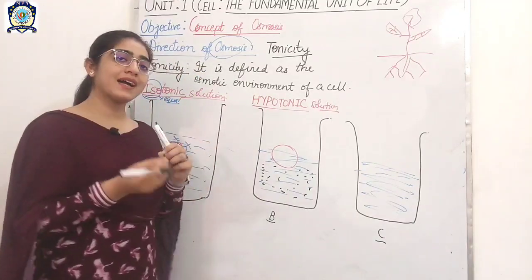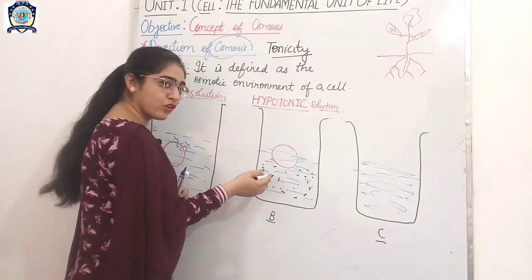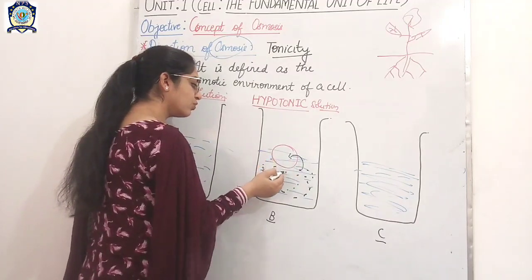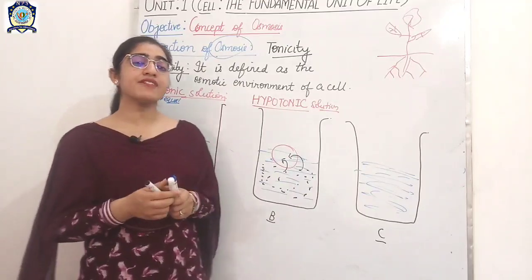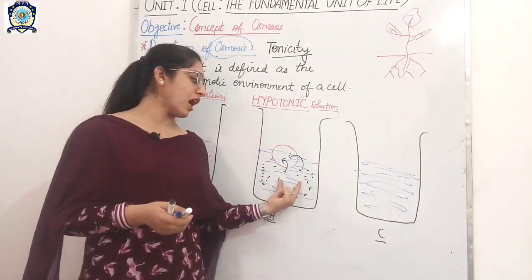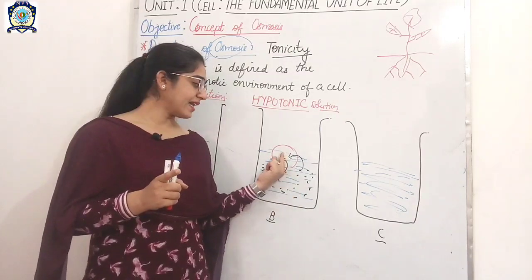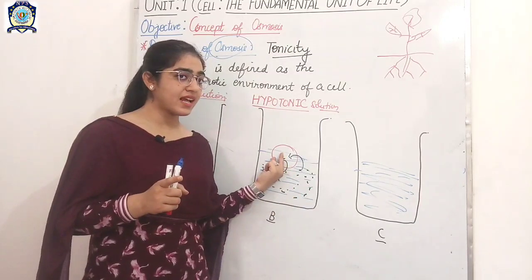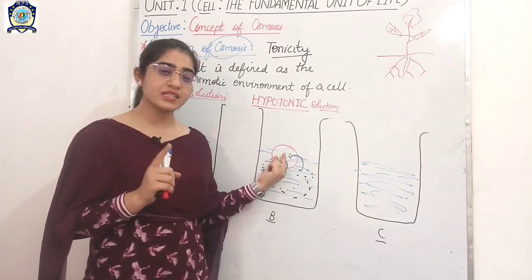Then we know by the process of osmosis, water will move from higher to lower. And if you define it in the form of dilute and concentrated, the outside medium is dilute. Okay, and the cell has lower water concentration.